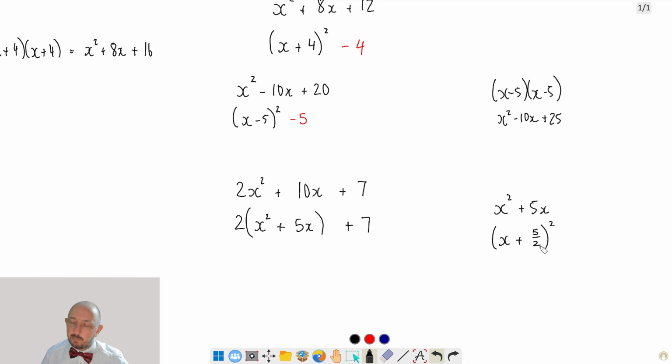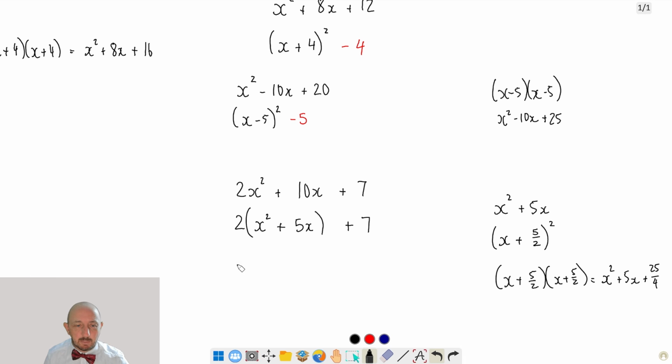And if I put this to the side and expand this, x plus 5 over 2, x plus 5 over 2, then I would get x squared plus 2.5x plus another 2.5x is the 5x that I want. And then I'd have 5 over 2 times 5 over 2, which is 25 over 4. Okay, so I know that looks a bit strange, but sometimes you have to deal with these fractions. You can leave it as 2.5 and decimals if you like. It doesn't really matter too much.